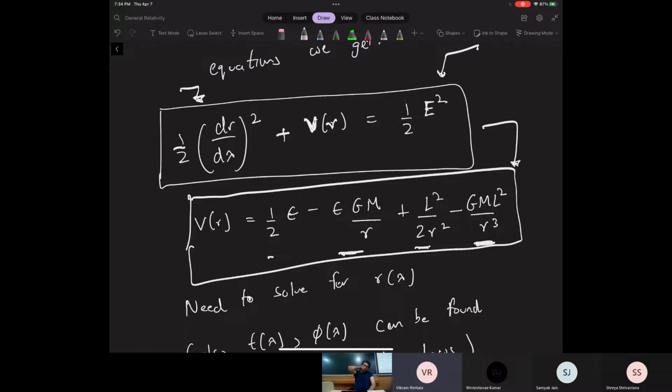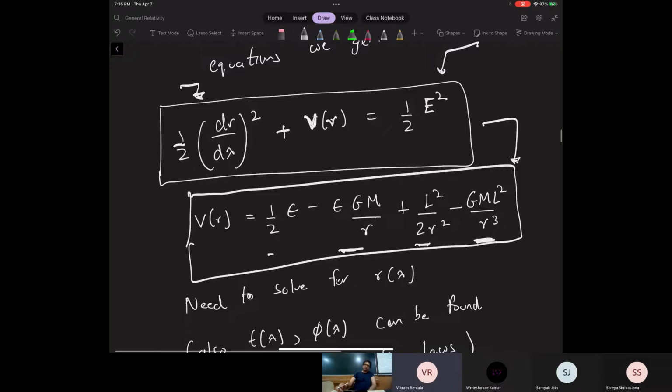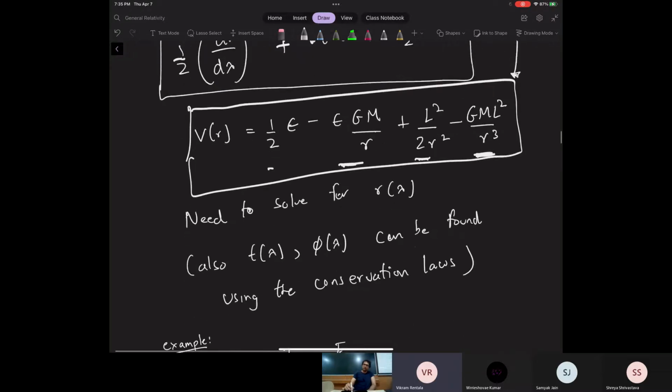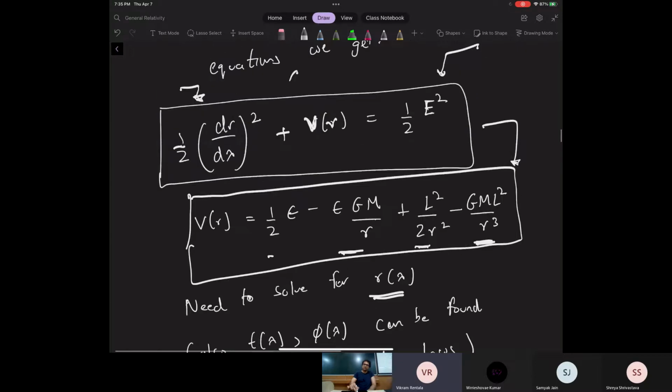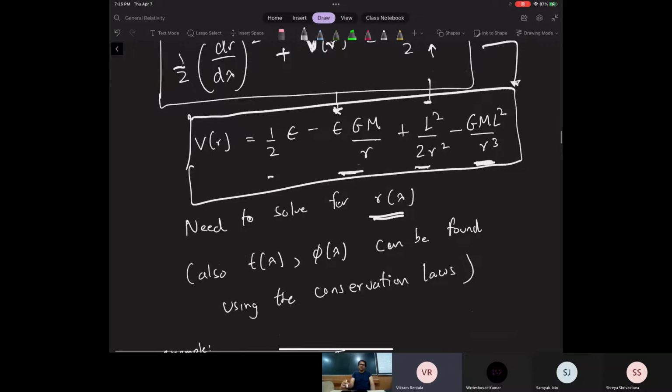Now, if I want the trajectory of the particle, I need to solve for r of lambda. Basically this is a differential equation in r, but this differential equation now involves those constants. It involves epsilon, L, and E. Those constants take care of the initial conditions, and I just have to solve for r as a function of lambda.